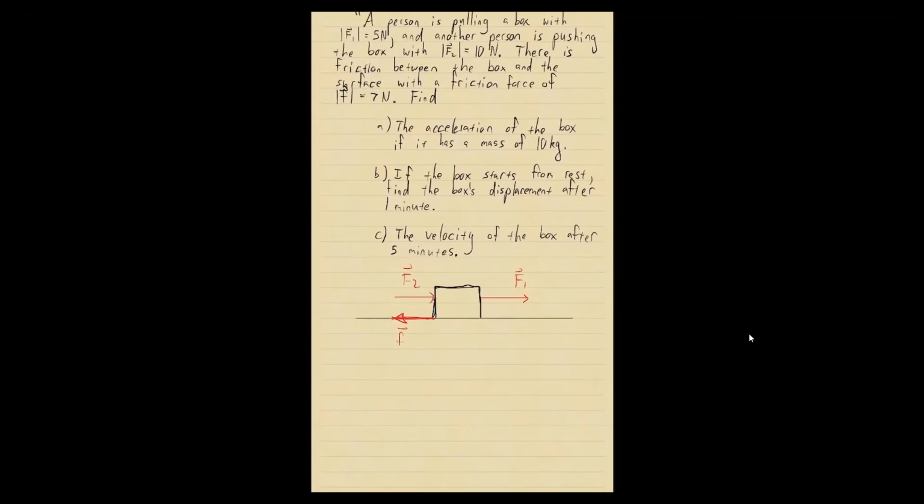Just a little side note here on friction: whenever something is making contact with another surface and they're moving relative to one another, like this box sliding over the ground, friction always points in the direction opposite the object's intended motion.